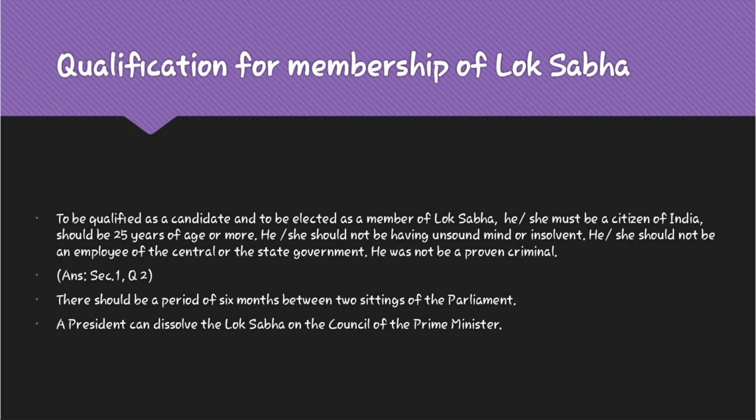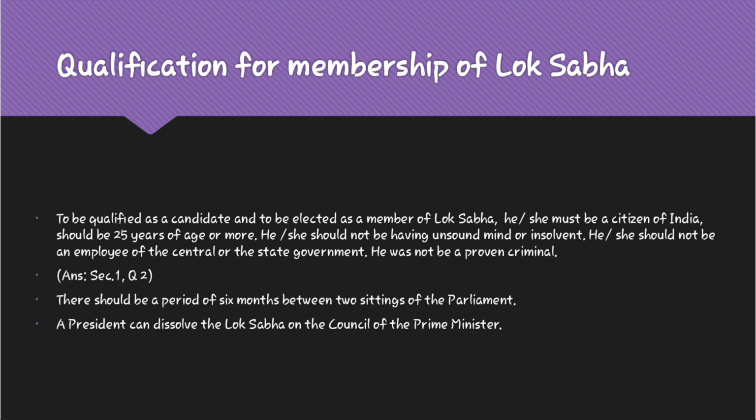First qualification for membership of Lok Sabha is that he is a citizen of India. The person who is standing as a candidate for Lok Sabha should be a citizen of India. Second point, he should be 25 years of age or more. So, can you stand for an election to Lok Sabha?